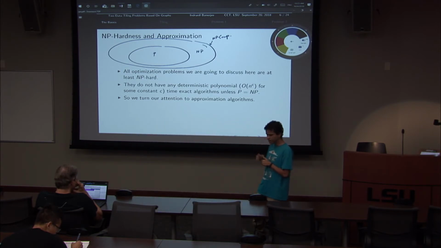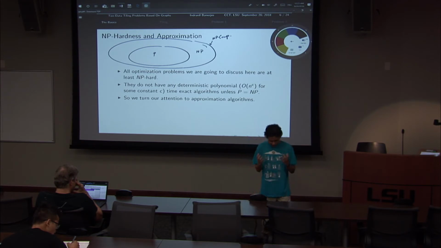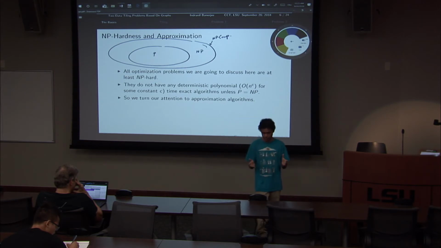Actually, I wasn't technically correct in what I just said, but for our purpose, I don't want to correct myself and make it more confusing. So for NP-hard problems, we do not have polynomial time exact solutions.